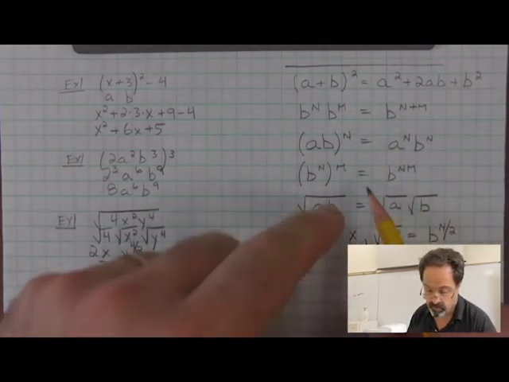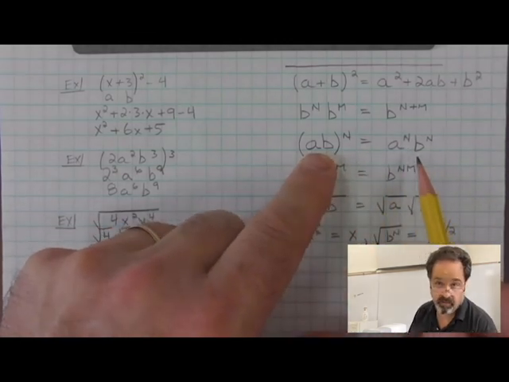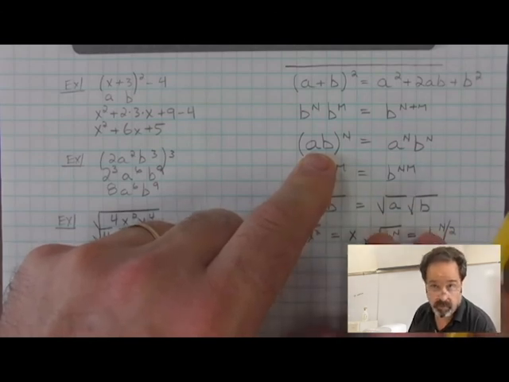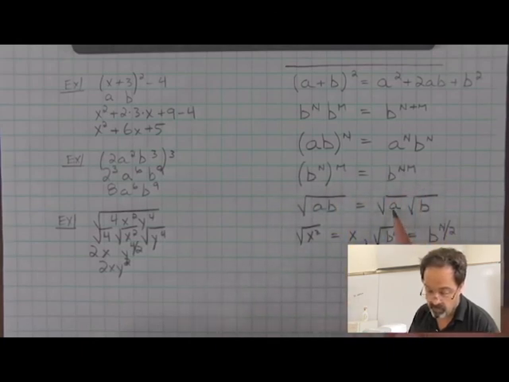These properties change the form of an algebraic expression into another equivalent form, which may be helpful. And of course, properties could be used in reverse. If we start with the product of two radicals, we could go backwards and wrap it up like that.